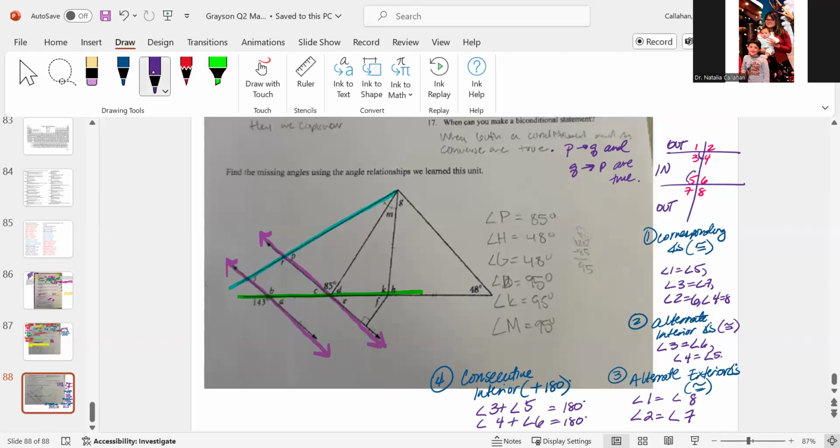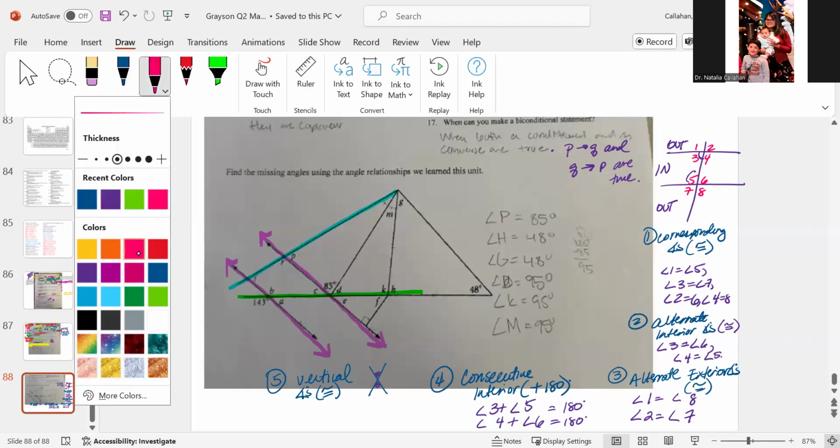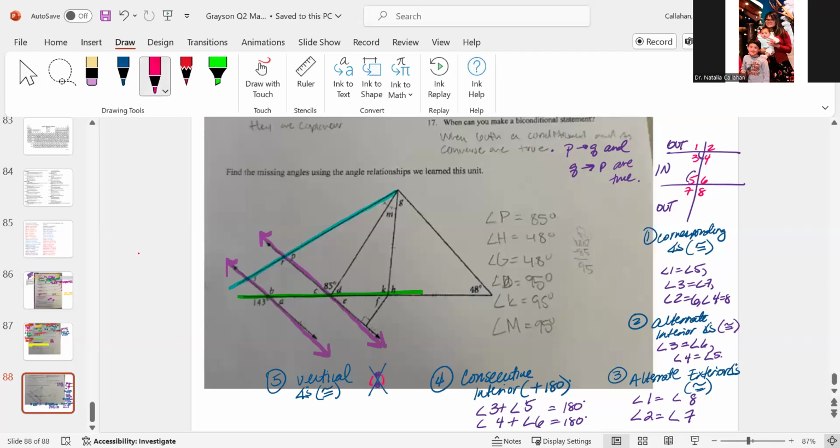You see that? Okay, the very last one are called vertical angles. Are you writing this down? Vertical angles are also equal, and they're the ones that make the X. Do you see how with this vertical angle, it's this one right here? I know this is hard for you, but if you don't practice, you're not going to get better on this. Do you see the vertical angles like that? So which ones are vertical angles?